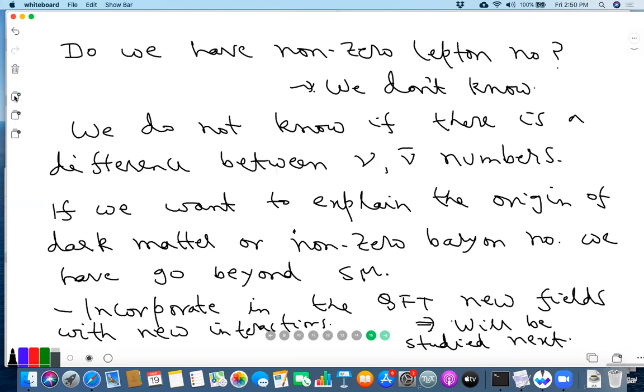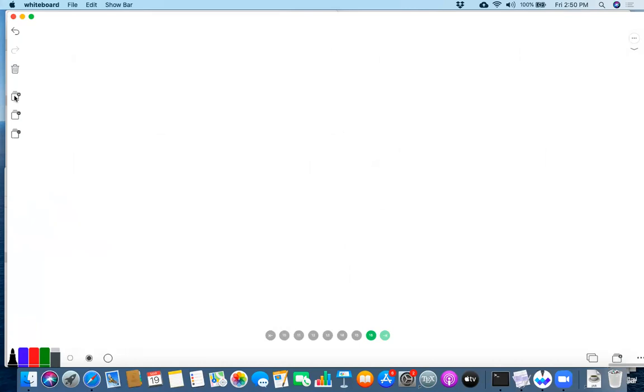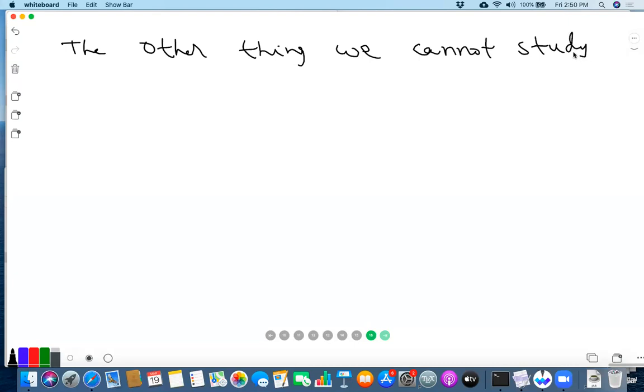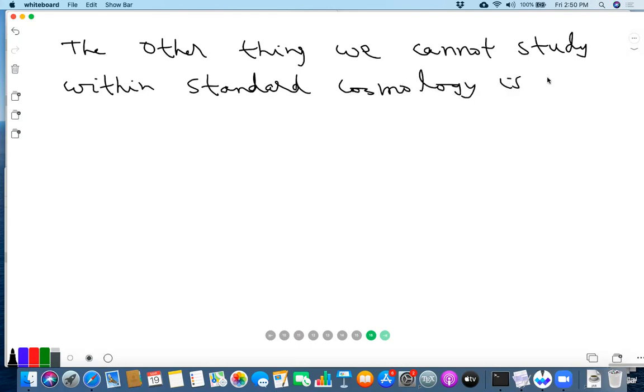Another thing that we do not know within the standard model, within the standard cosmology, is the origin of the perturbations, of fluctuations.